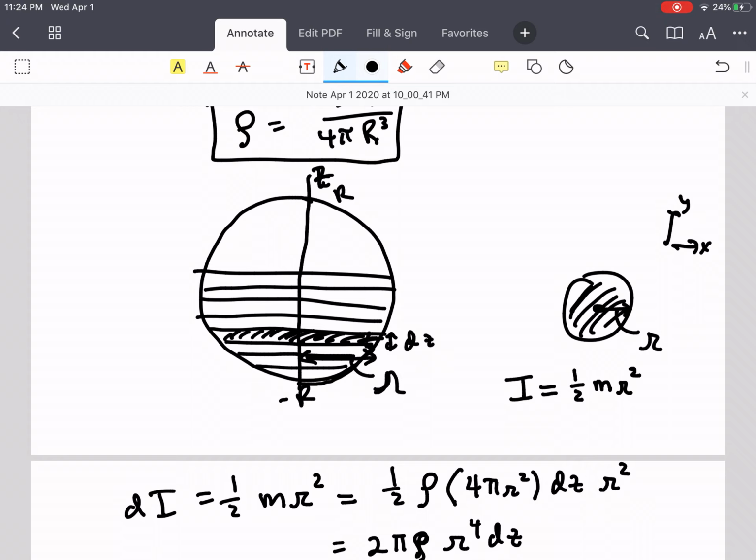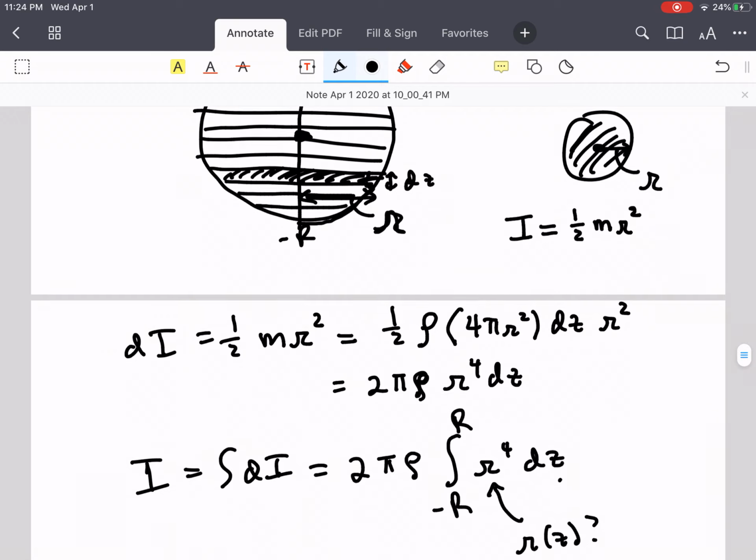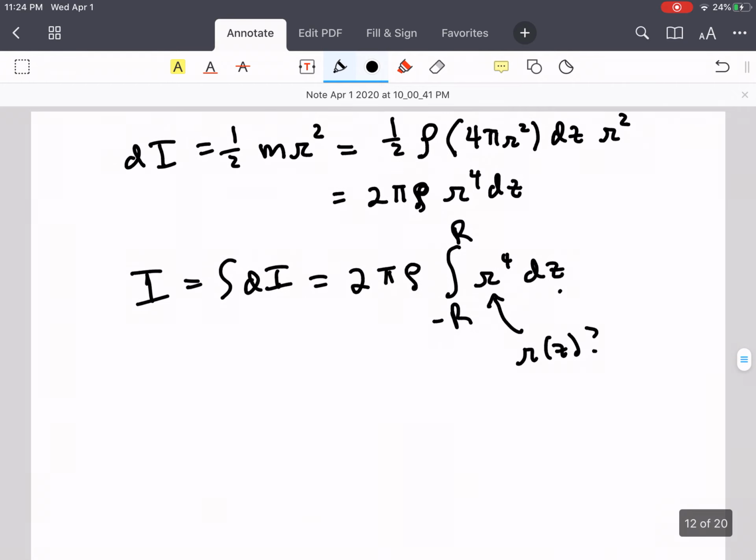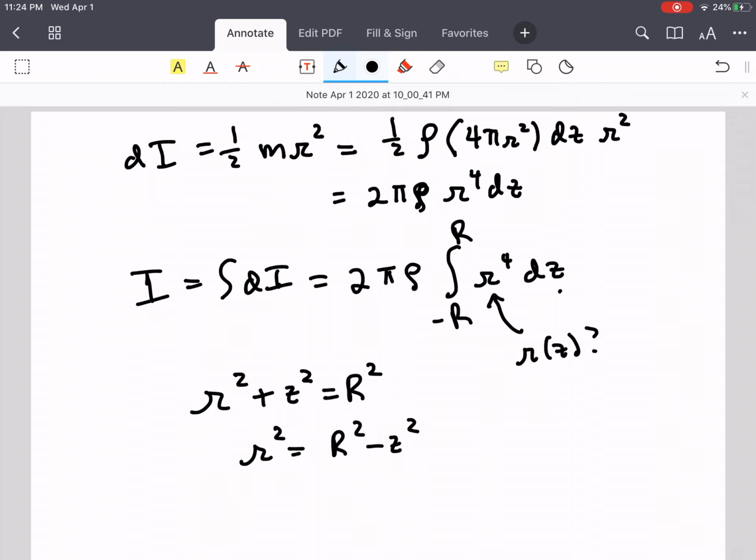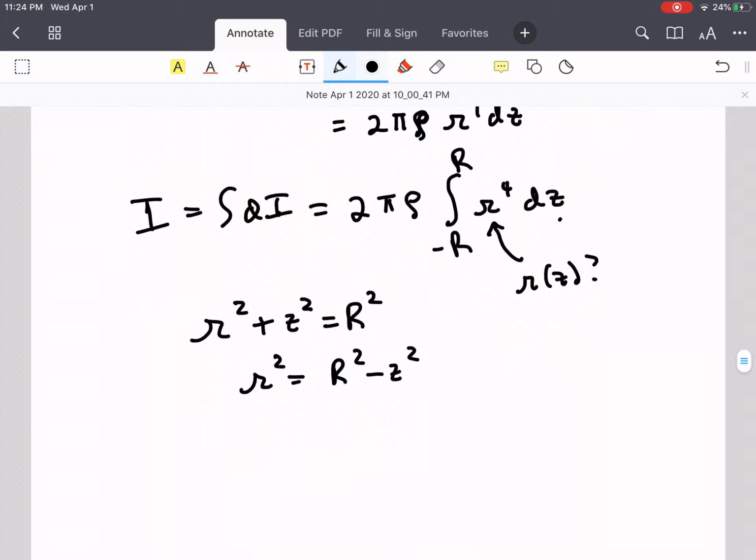You'll notice that lowercase r and z actually form the equation of a circle of radius R. So what I have is that lowercase r squared plus z squared is equal to the radius squared. And that means I can solve that r squared is big R squared minus z squared. So now we are good to go. We can go ahead and plug this in.